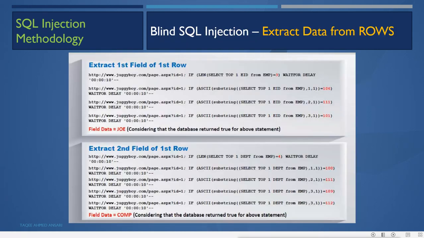Now, doing these queries, we feel it is difficult to run this type of query because not everyone is that expert in the database language. For attackers who don't know these database languages, we have some tools. Attackers have tools which can automatically run these queries to find the database name, column names, table names, all these things.